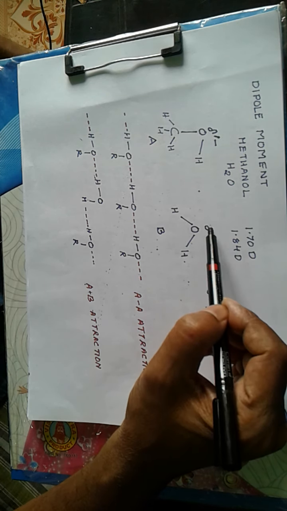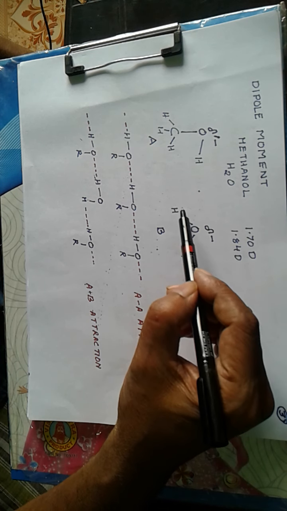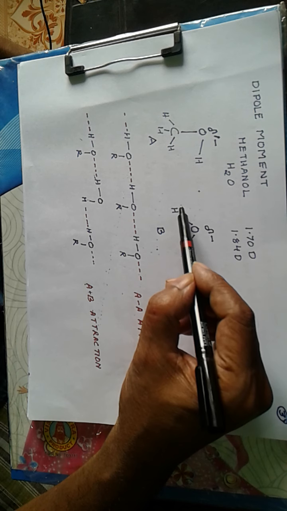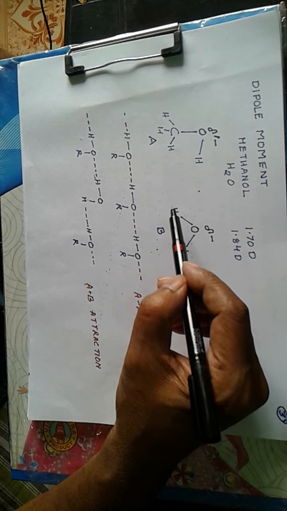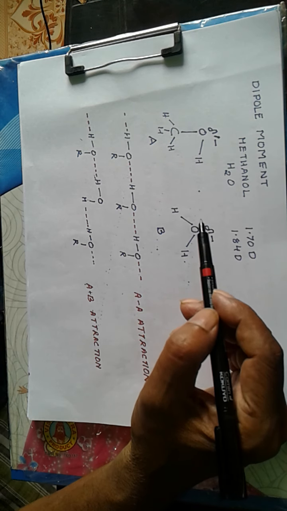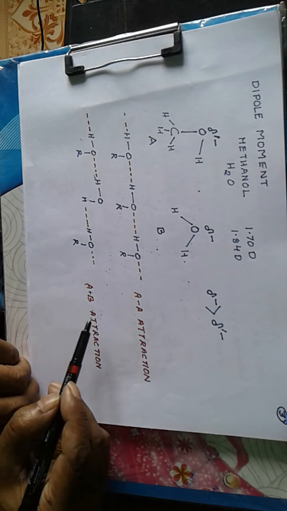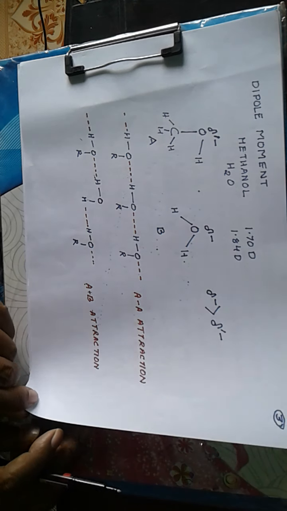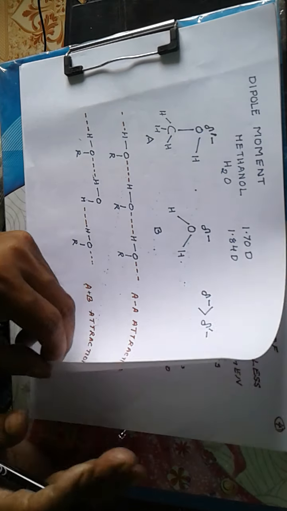So the greater the magnitude of negative charge, the greater will be the magnitude of positive charge over hydrogen, and so stronger will be the hydrogen bond. And when we compare AA attraction and AB attraction, AB attraction is greater in the case of methanol and ethanol, so they are soluble.